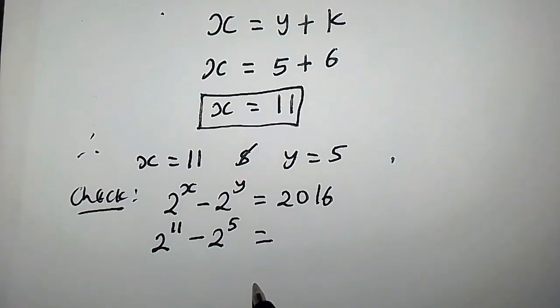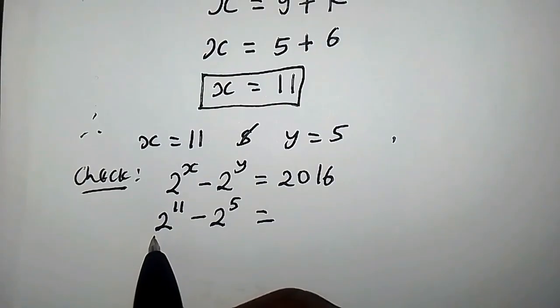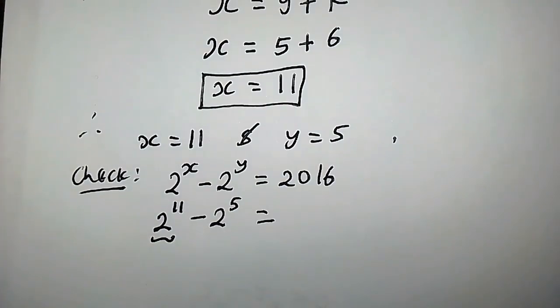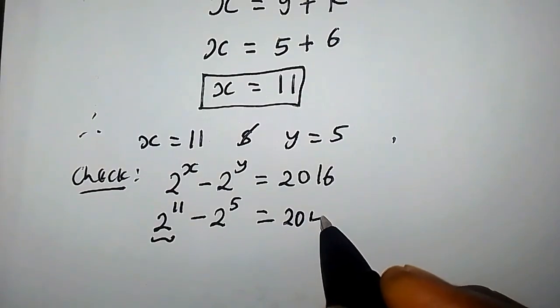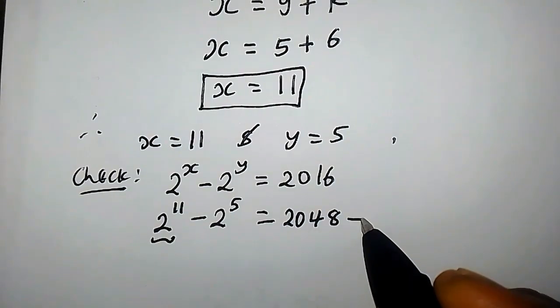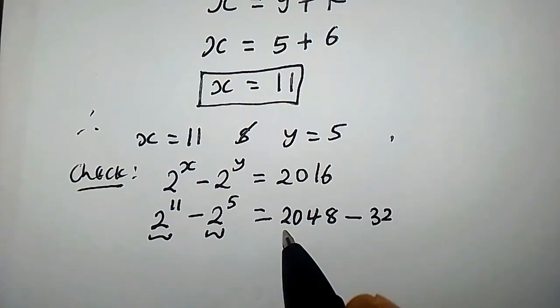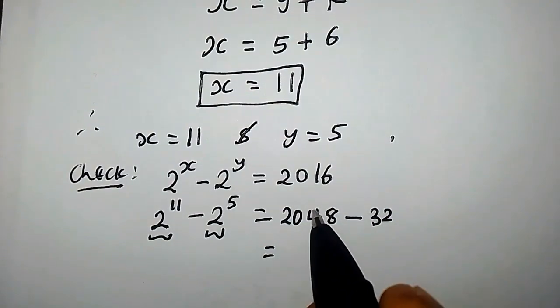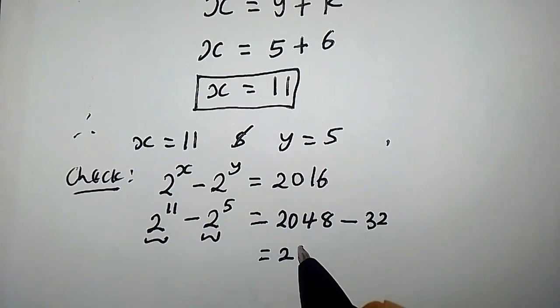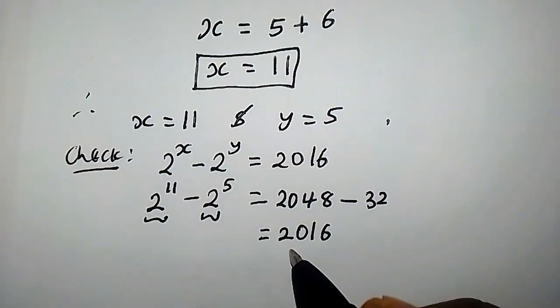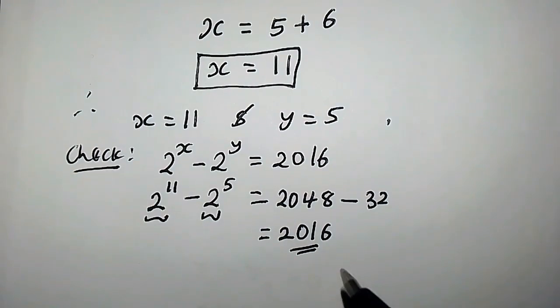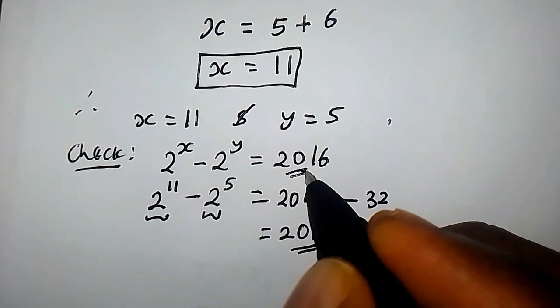If you plug 2 to the power of 11 into your calculator, you're going to get 2048, minus 2 to the power of 5, that is 32. 2048 minus 32 gives 2016, which is exactly the same thing we have on the right hand side.